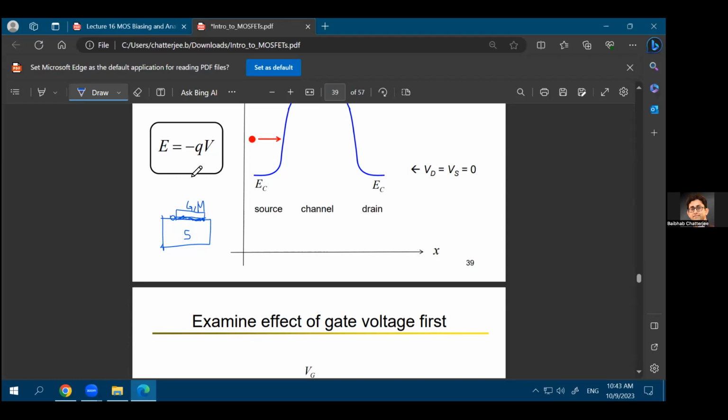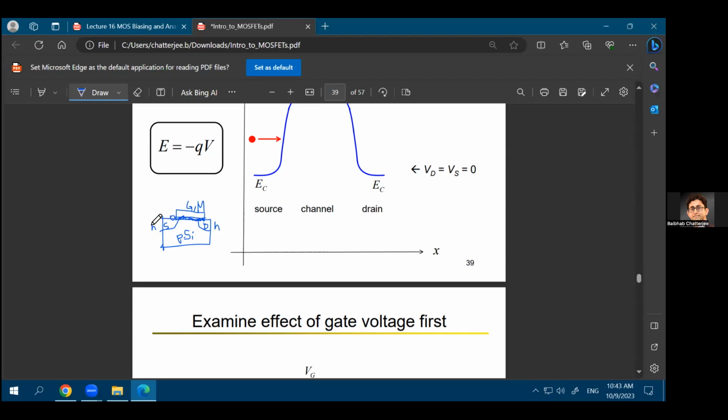But along with the MOS cap structure, you also have the source and drain regions. If it is an n-channel MOSFET, then the source and drain regions will be n-type, whereas the bulk, or the body region, will be p-type semiconductor.